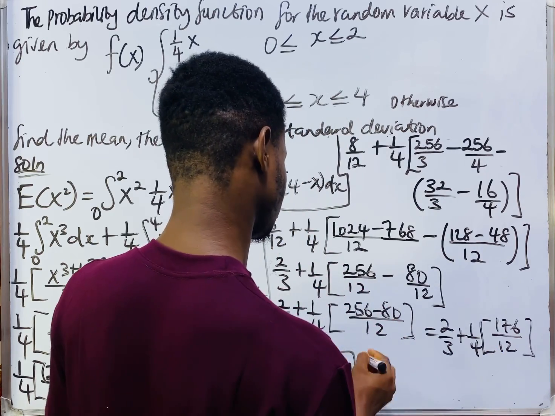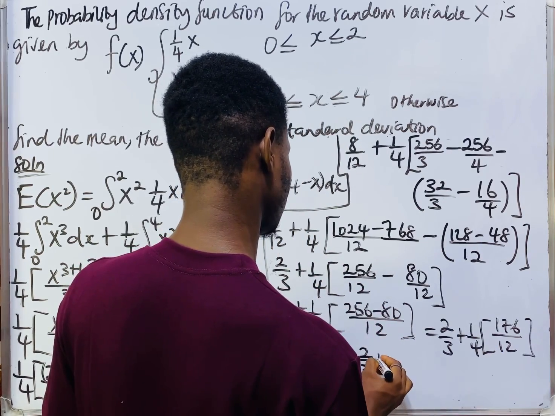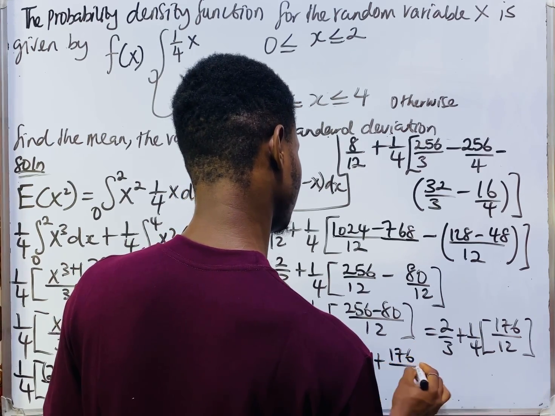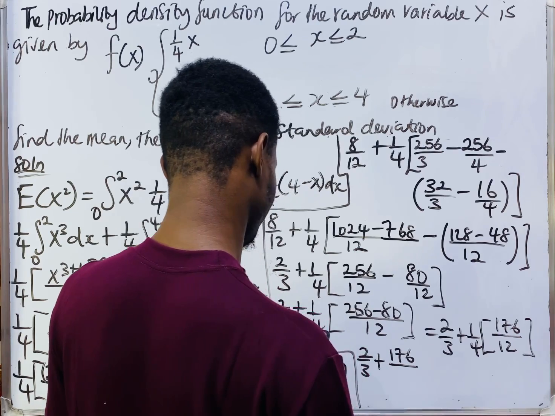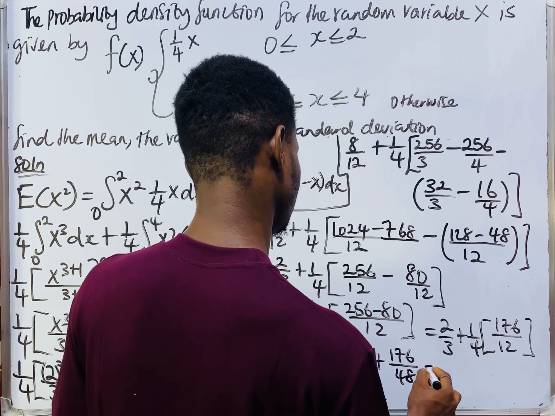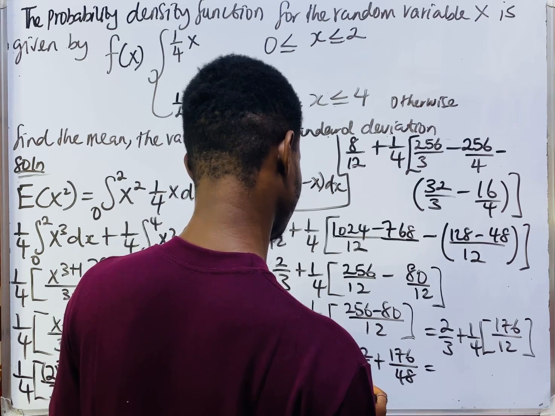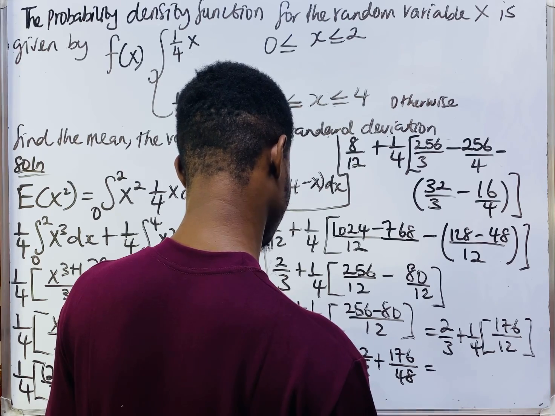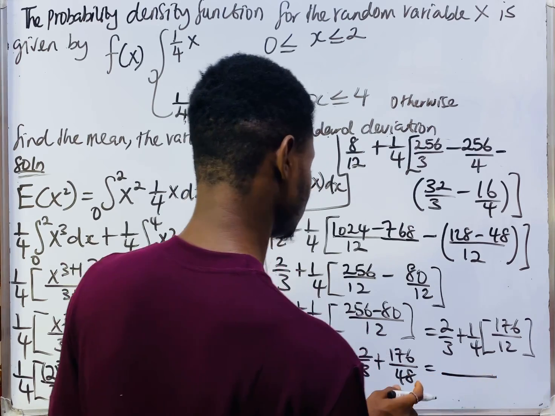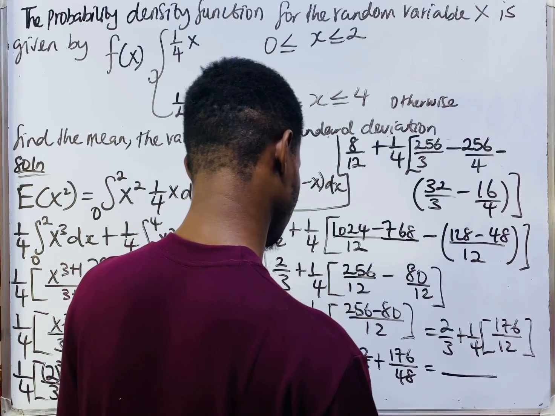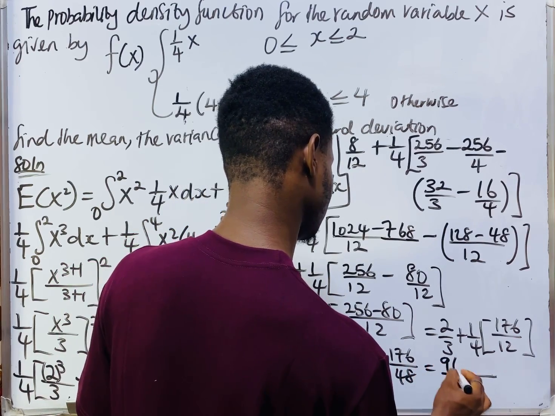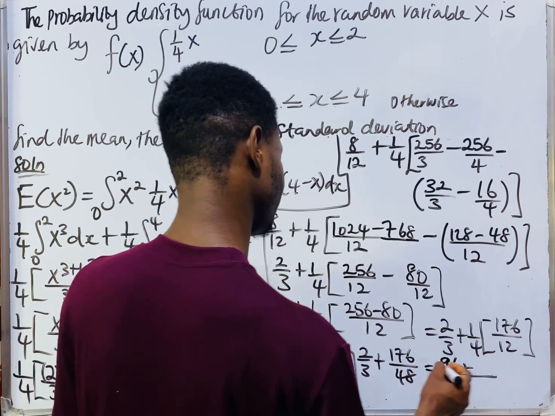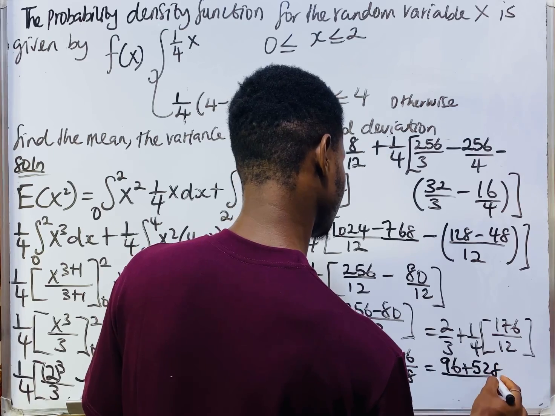So I'm having 2 over 3 plus 1 times this thing, giving me 176 over 4 times 12, which gives me 48. So I'll be having 176 divided by 48. 48 times 2 gives me 96 plus 3 times 176 gives me 528, right?